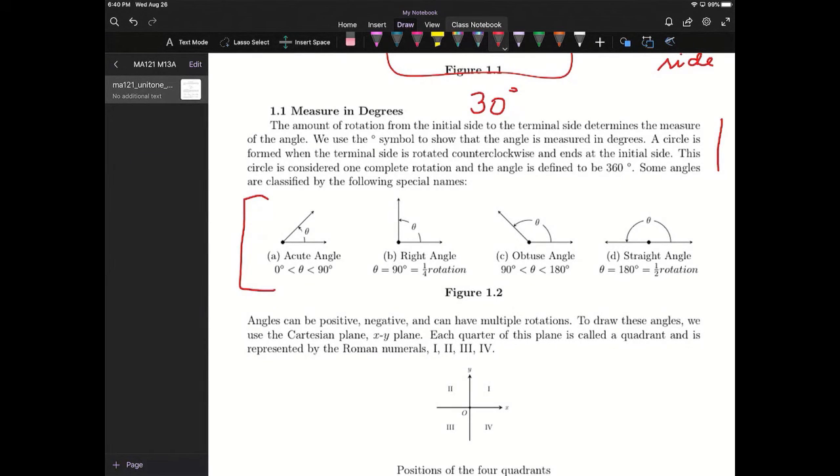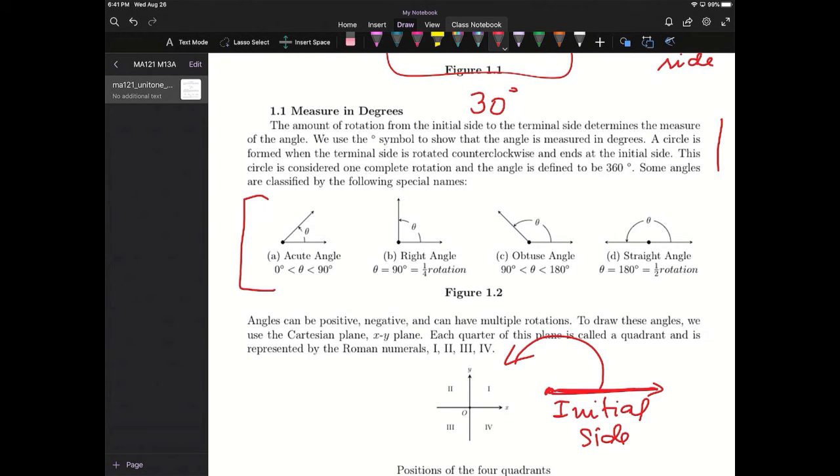So if you are with a certain angle, you always start from the horizontal position. This is my initial side, and this is my vertex. Then I'm going to rotate a certain amount in degrees, to my left, against the clock hands, meaning this direction. So that's the positive direction.